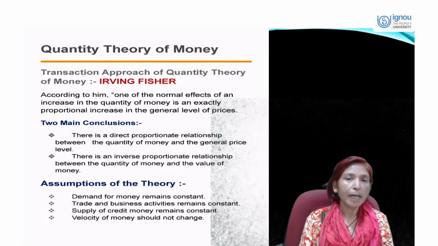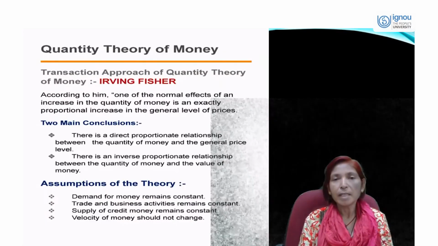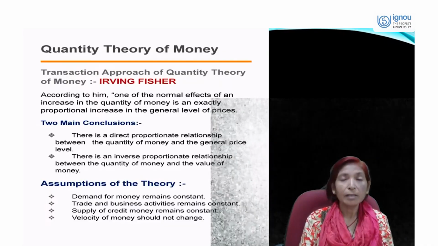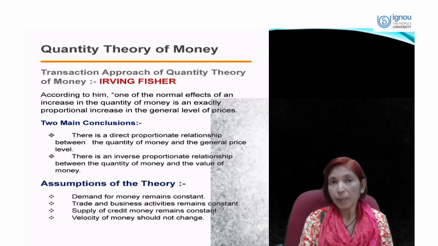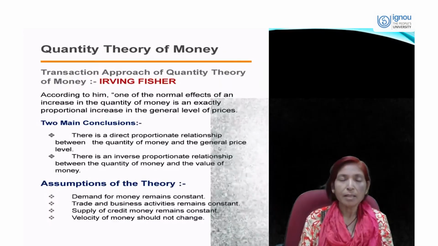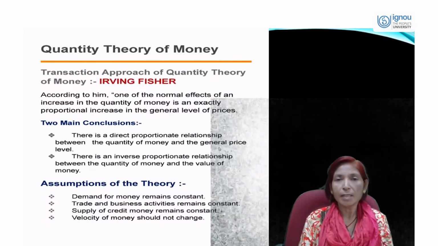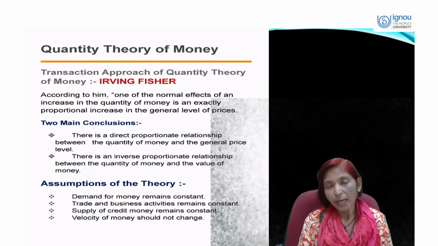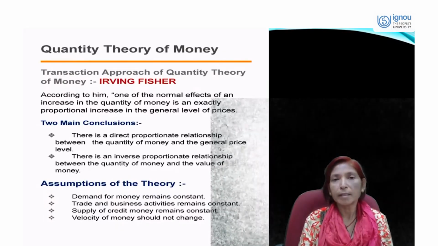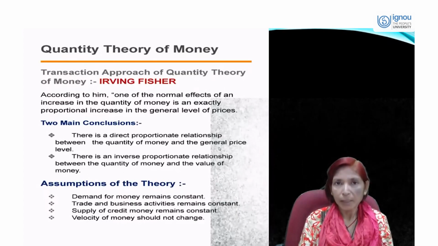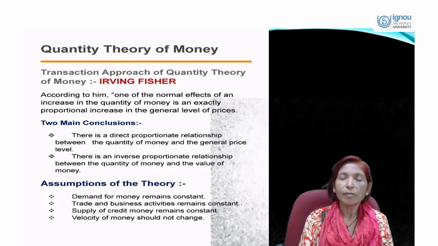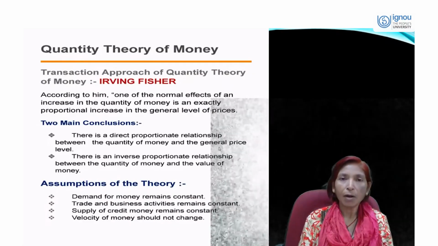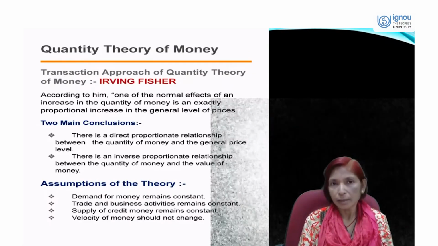Fisher assumed that T remains constant, T is transaction. Transaction can never remain constant, but Fisher assumed that demand for money for transaction purpose should remain constant. And there is full employment in the economy, according to Irving Fisher. Irving Fisher's theory is applicable in the long run, not in the short run.